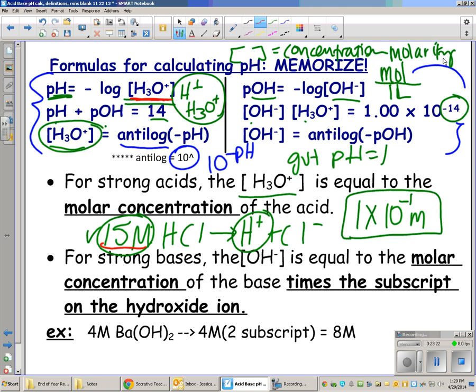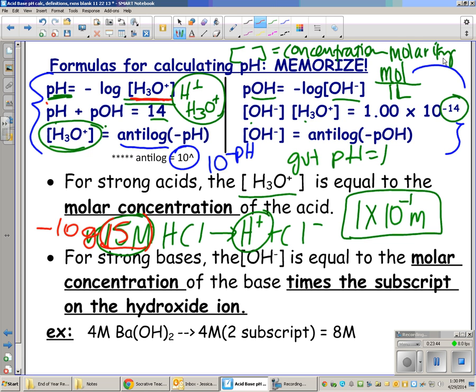Negative what? Negative 1.77. So that right there has a negative pH. Is that okay? Yeah, that's a superacid. We talked about that just a minute ago. So while you're doing it in your calculators, negative log of 15 is equal to pH, which is negative 1.8.